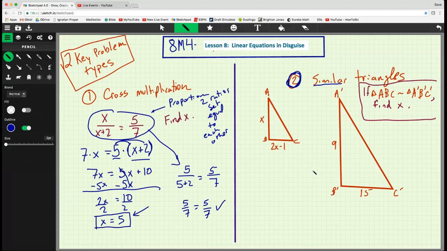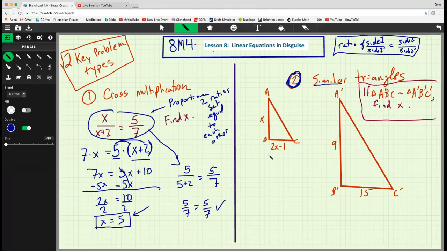What's true about similar triangles is we take the ratio of side 1 in triangle 1 to side 1 in triangle 2, side 1 prime, sort of, and set that equal to the ratio of side 2 of triangle 1 to side 2 of triangle 2. So what does this mean? This might not be written in the best way possible, but let's look at this.